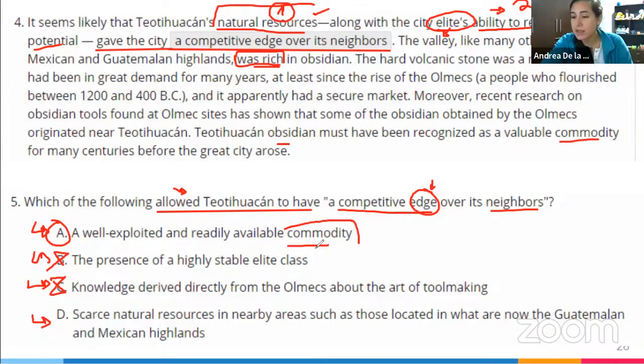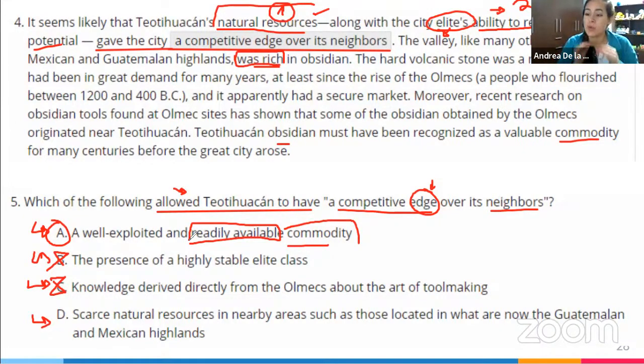That's your commodity. So they say that what allowed Teotihuacan to have a competitive edge was the readily available commodity. Readily available means that it was ready for using from the moment they established a city, right? It wasn't something they created, something they built, something they produced.